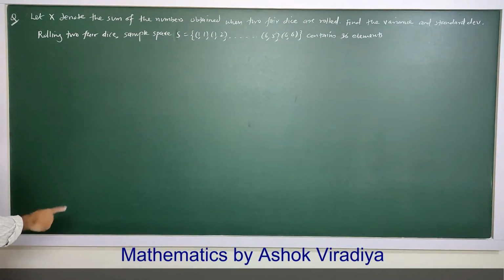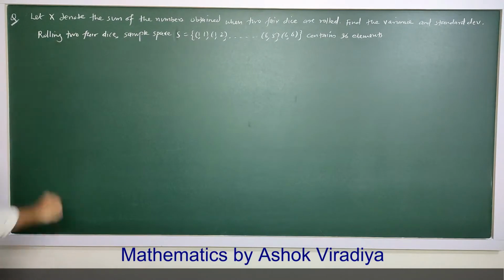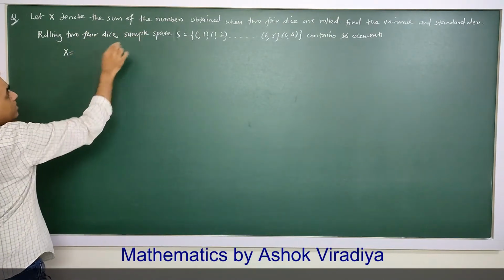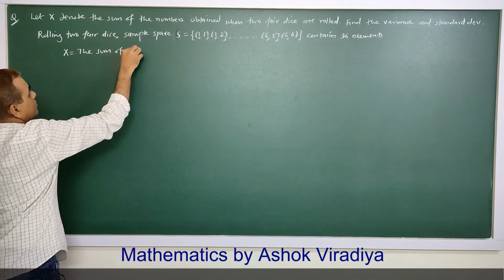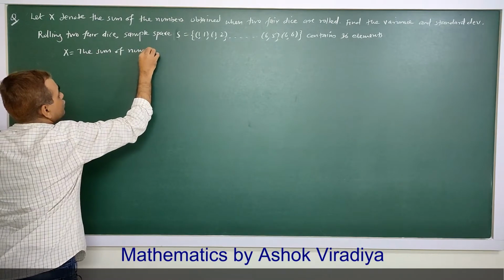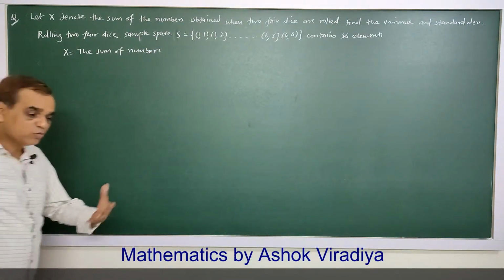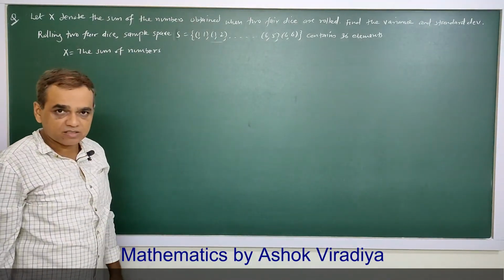Now here we want the variance and standard deviation of x. Here x denotes the sum of numbers when 2 dice are rolled. When we roll 2 dice, if this is the output, then the sum of numbers is 3.